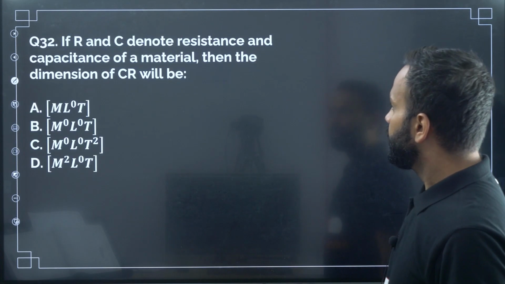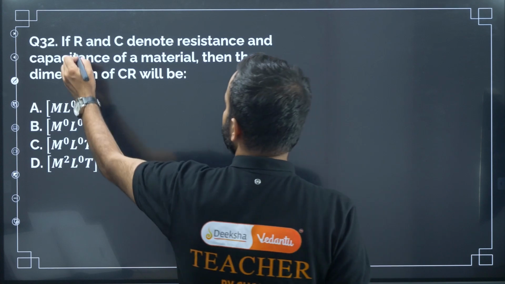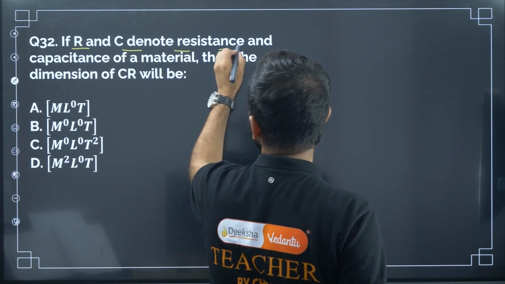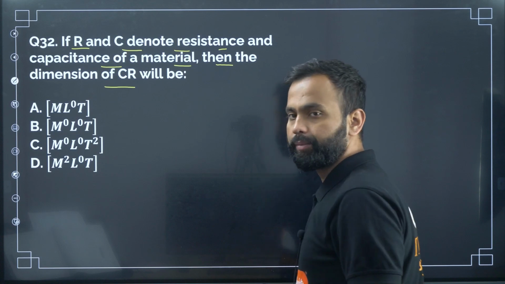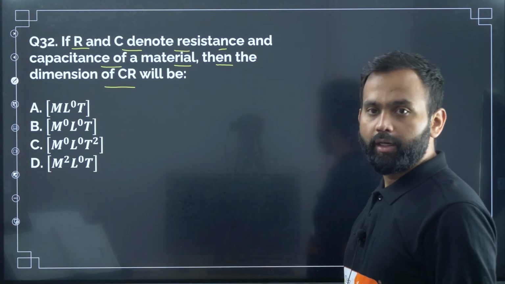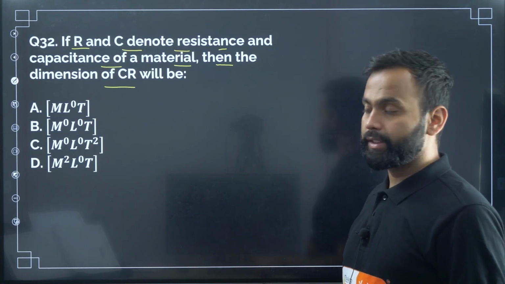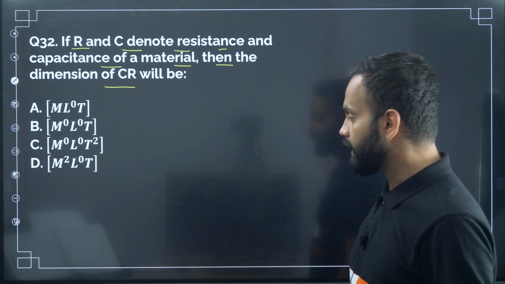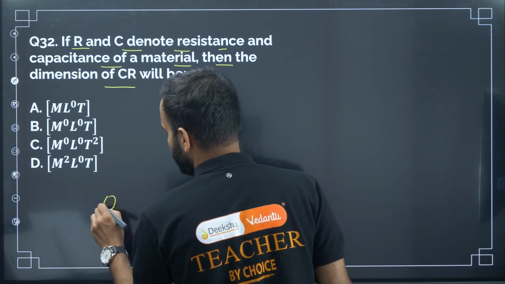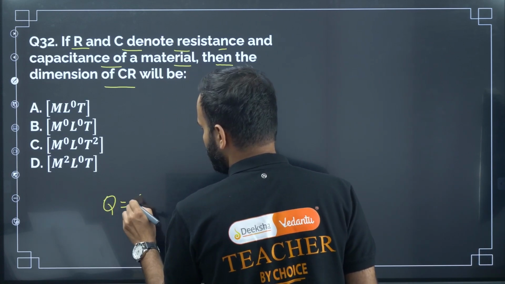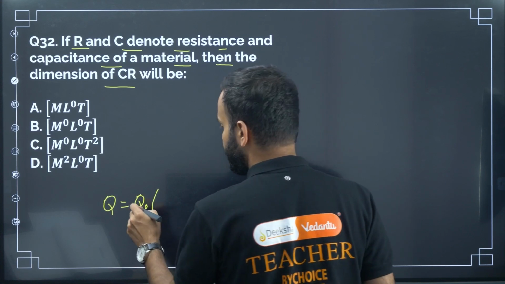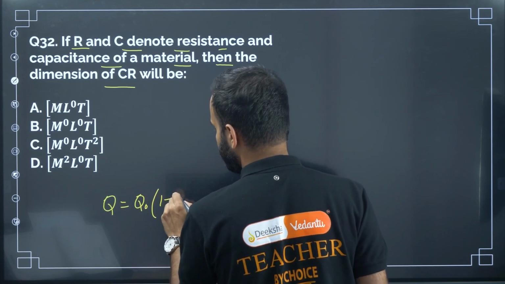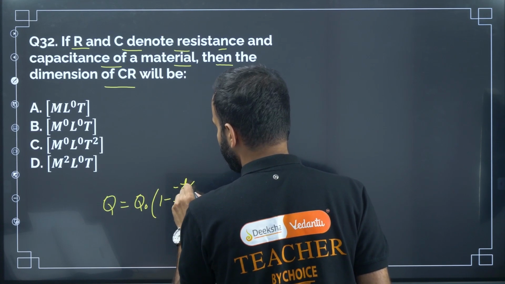Next question, question number 32. If R and C denote the resistance and capacitance of a material, then the dimension of CR will be. This is a direct question. We know the charging and discharging of the capacitor in an RC circuit. During charging, the charge on the capacitor at any time t is Q equal to Q naught into 1 minus e to the power minus t by RC.